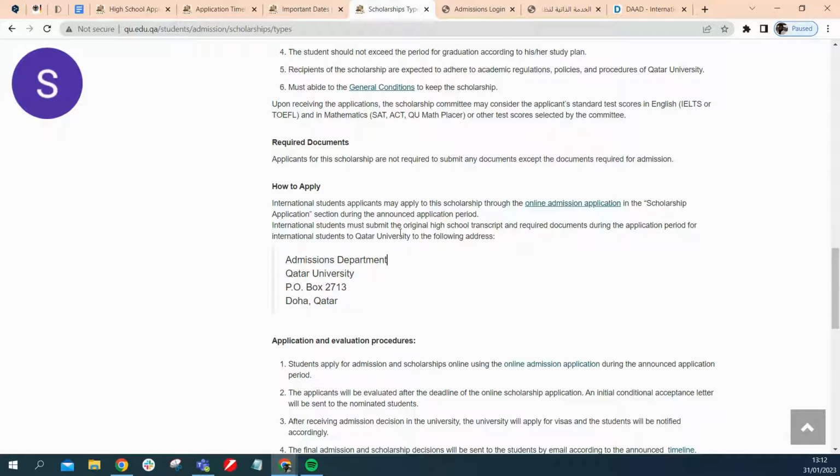Then the international student must submit the original high school transcripts. So what you have to do is submit your original high school transcripts and the required documents during the application period to the following address.